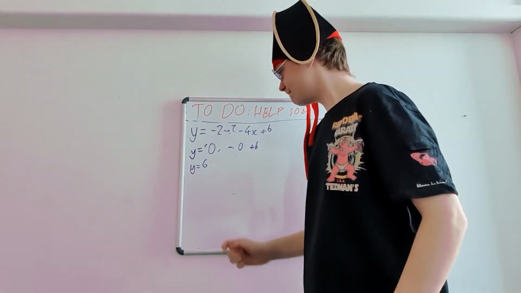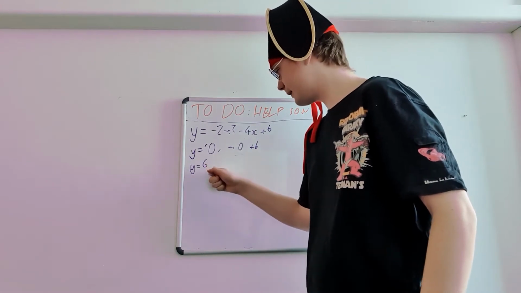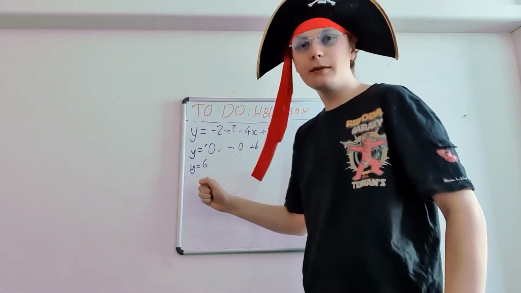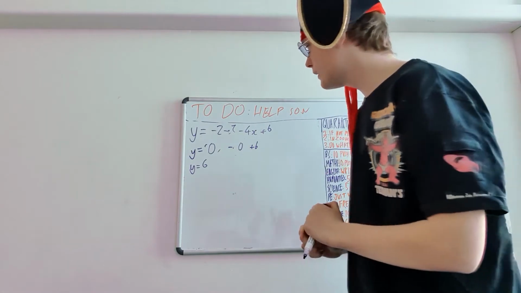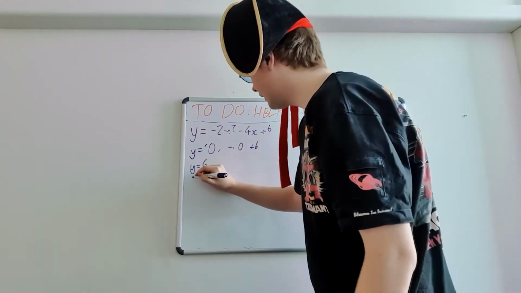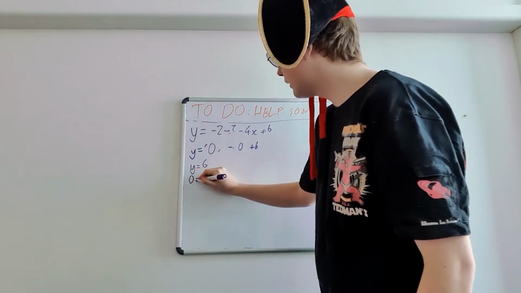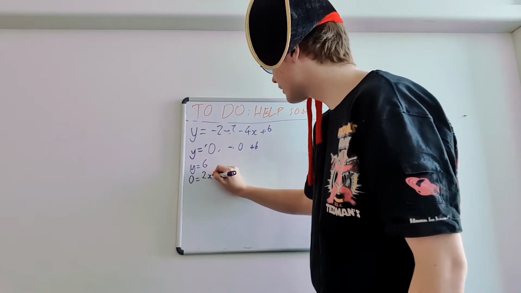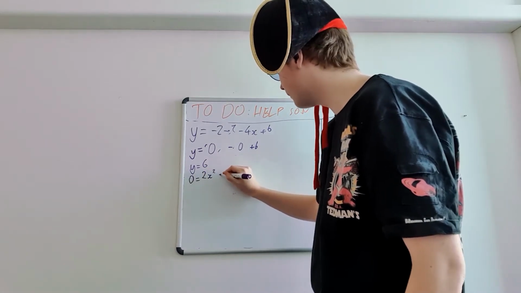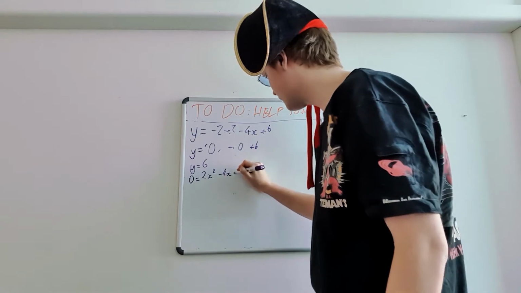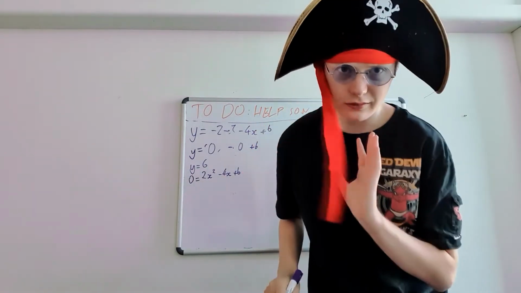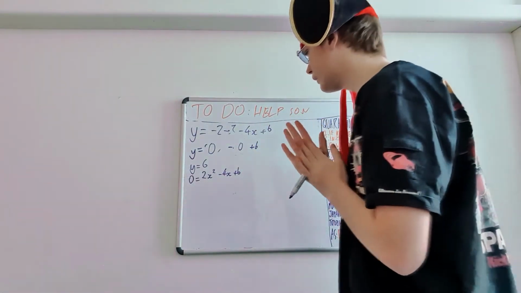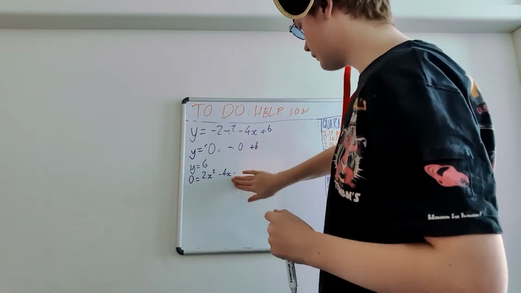For this one, it's very similar to the last one, okay? So what we're going to get is 0 equals 2x squared minus 4x plus 6. Now, what we're going to do here is get rid of the 6.